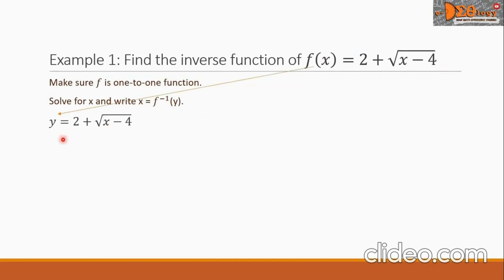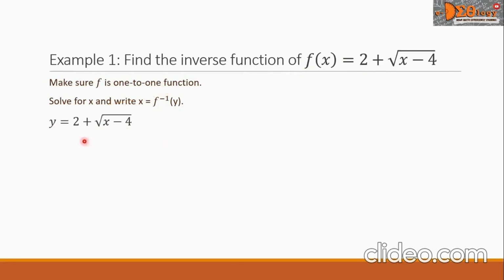So we have here y equals 2 plus the square root of the quantity x minus 4. Everything is the same except the f of x. It becomes y here. The next step is we will solve for x. We want this x to be isolated.